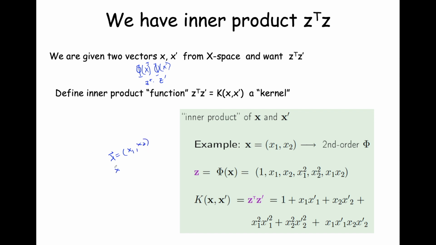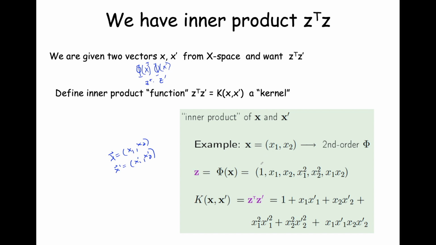So if we had x prime, that would be x1 prime and x2 prime. So let's take a look at this phi function, the second order polynomial function. It's nonlinear, and it goes from a 2-dimensional x to a 6-dimensional feature space representation Z.